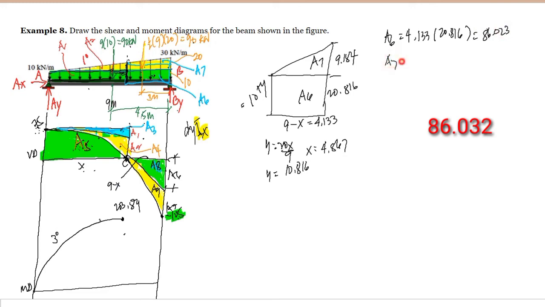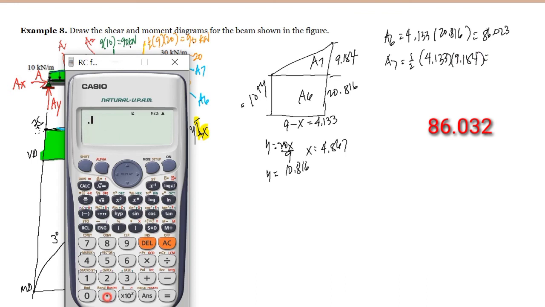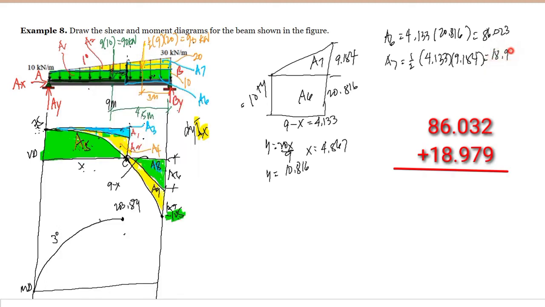And for the area 7, area ng triangle, so 1/2. Yung base natin ay 4.133 and yung height natin is 9.184. So we have here 1/2 times 4.133 times 9.184. So we have here 18.979.